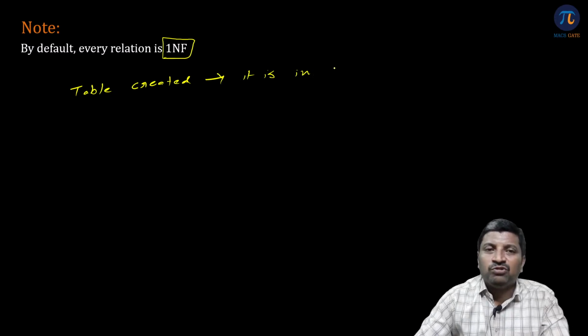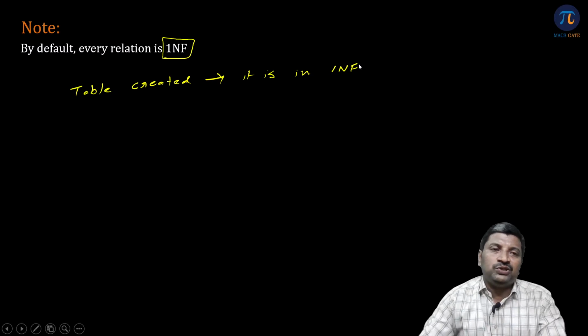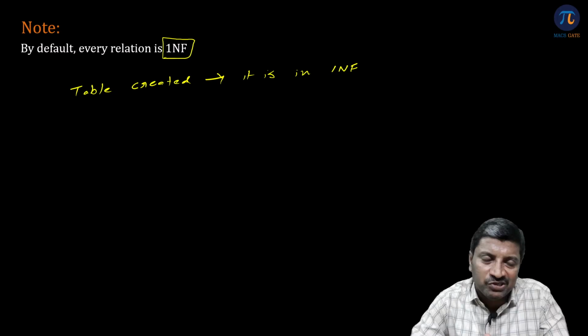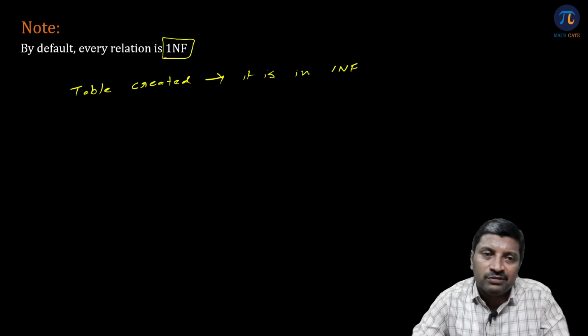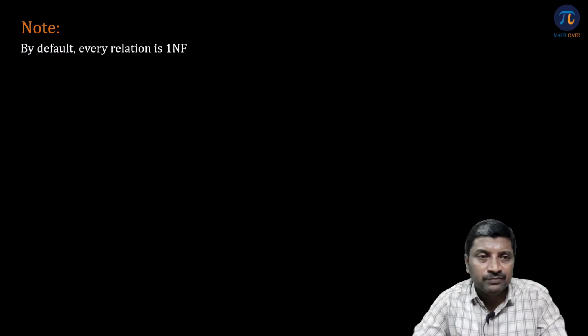If you are trying to violate first normal form, it will raise an error. You cannot create a table like this. Hope you understood it. So by default, whether they give records or not, if it says the table was created in the database, that means it is in first normal form, right?